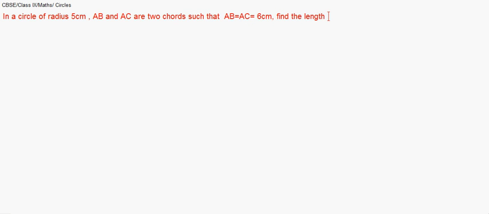It reads as: in a circle of radius 5 centimeter, AB and AC are two chords such that AB is equal to AC, that means the chords are equal, is equal to 6 centimeter. Find the length of the chord BC.